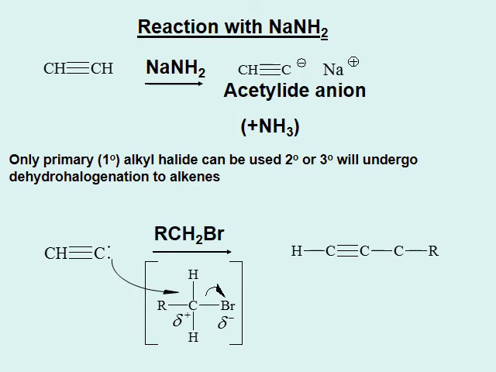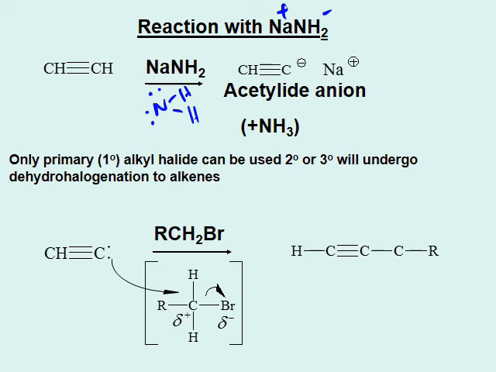Now we're going to discuss the reaction of an alkyne with sodium amide, NaNH2. Na is plus and NH2 is minus, and it would act as a very strong base. If you look at NH2, it would look like this: 1, 2, 6, 7, 8.